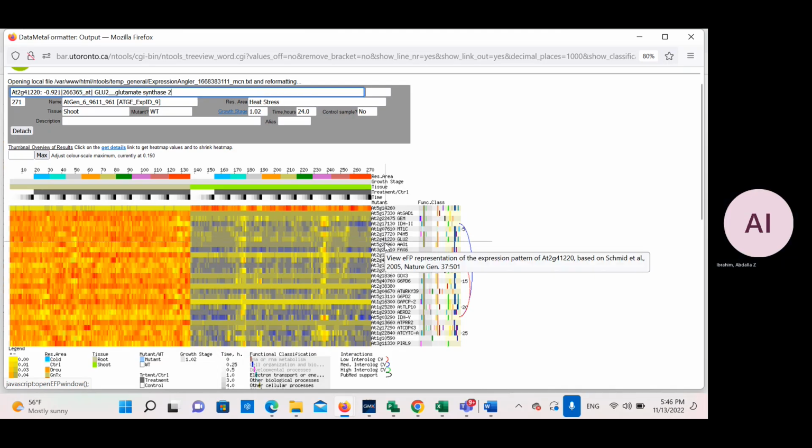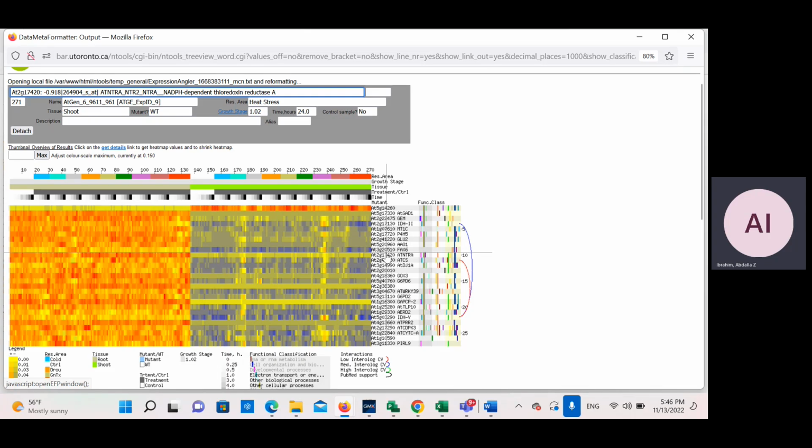oxoglutarate. So you can see if any of these genes, I wouldn't really dig deeper into every single one of them, but I would hover over these genes in case you see something specific or something in common about all of them. If all of them have the name dehydrogenase in them.